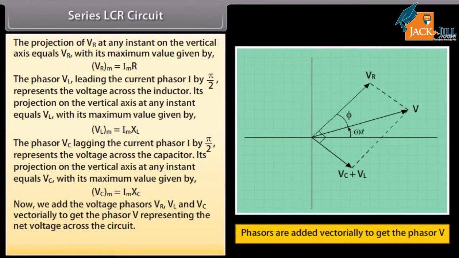Now, we add the voltage phasors VR, VL and VC vectorially to get the phasor V representing the net voltage across the circuit. Vm is equal to under root of VR max square plus (VC max minus VL max) square.